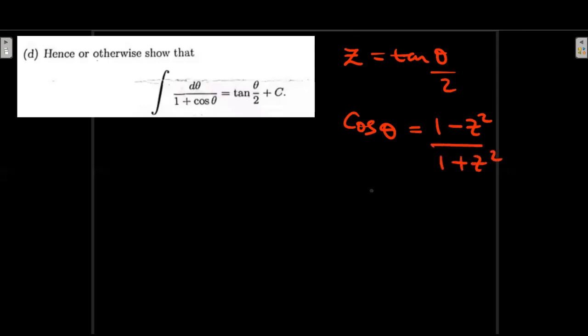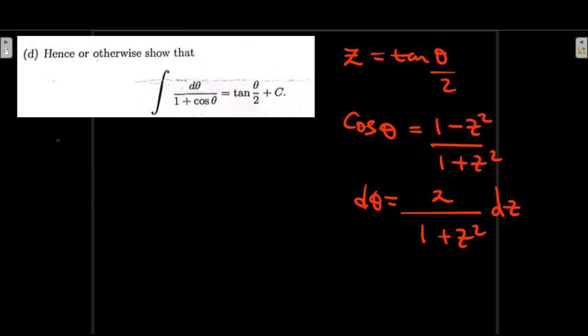And the other one, which is d theta, in this case is going to be equal to 2 over 1 plus z squared dz. We won't look at how to get these, but we looked at them already, so you can just revisit the video.